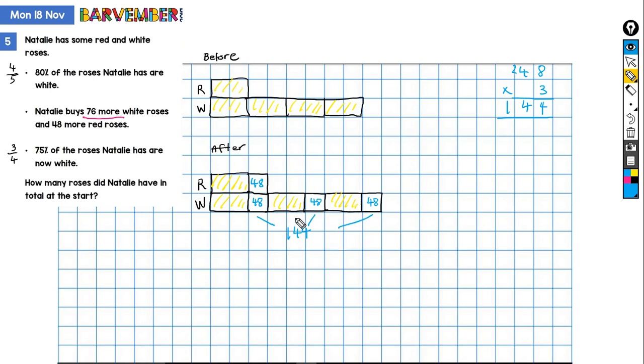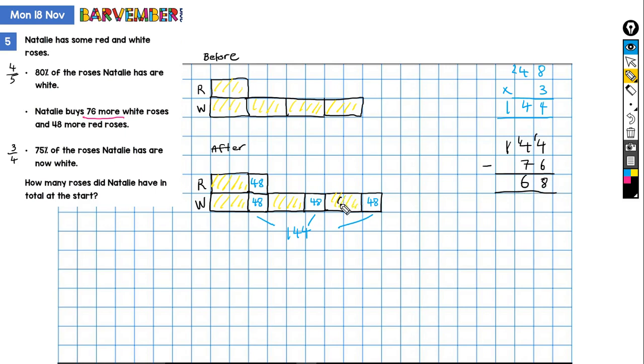If I take away the 76 that were added, then I can figure out what the original amount was. That's also been distributed through these extra blocks. So 144, we need to take away the 76, these are the white roses added, and we're left with 68.